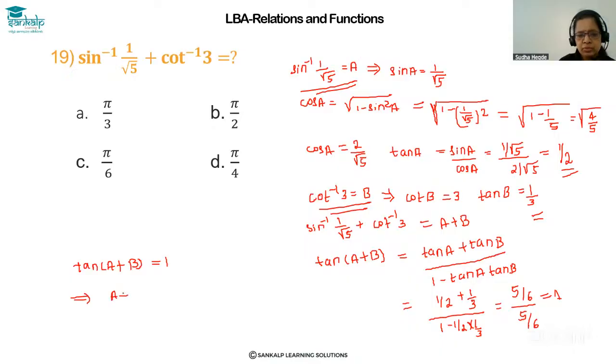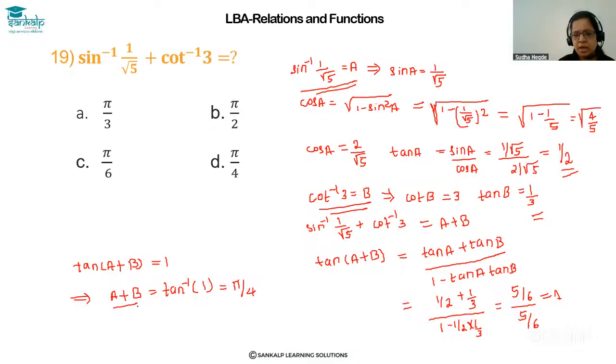Can you tell me? It is tan inverse 1. For what angle of tan you get answer as 1? Or if tan x is equal to 1, what is x? It is pi/4. Correct?